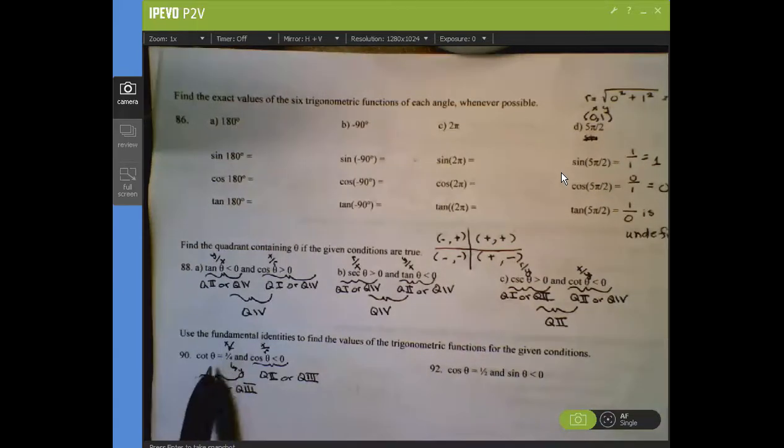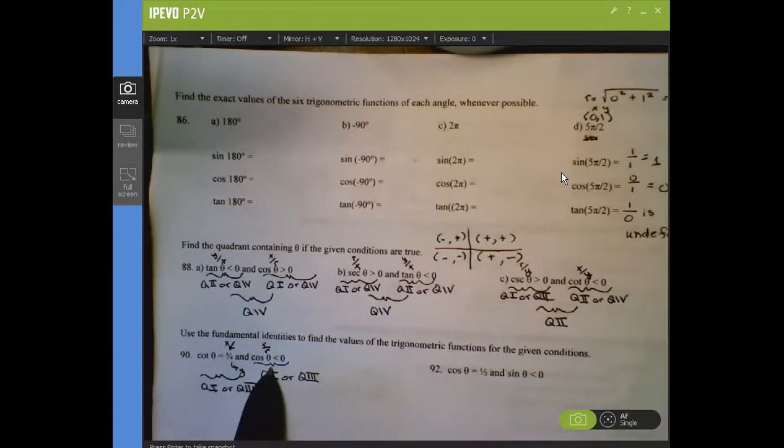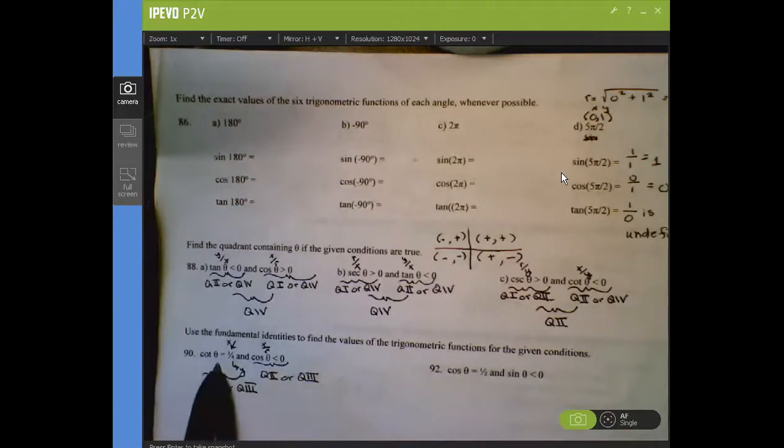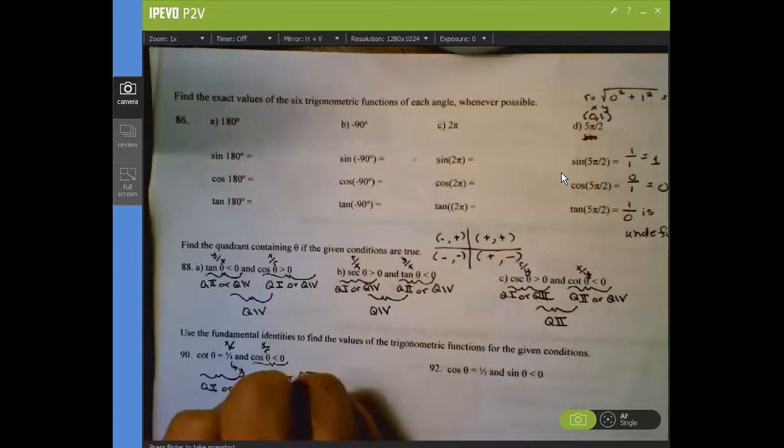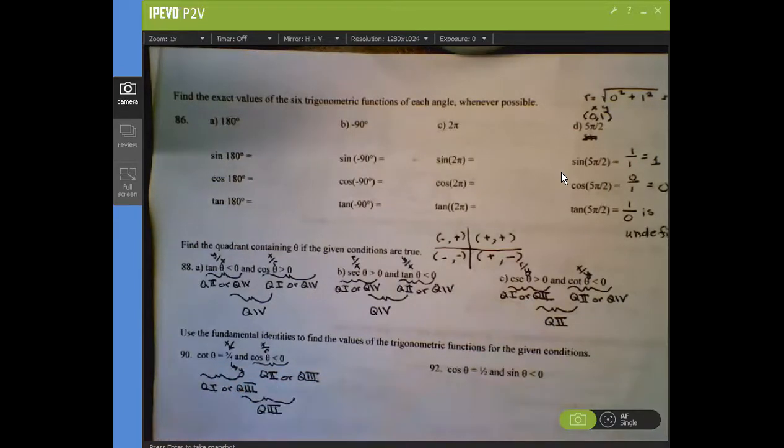So now at least we know in what quadrant theta lies. If cotangent's going to be positive and cosine's going to be negative, then theta must be a third quadrant angle, because that's what satisfies both of those conditions.